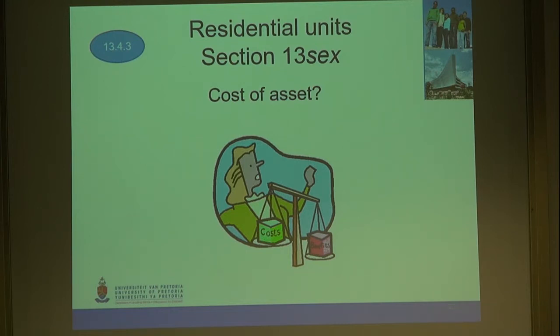However, if I cannot make the split, the Act gives us some guidance, and it says, if you are buying a part of a building, now when you're buying a flat, you're always buying a part of a building. If you are buying a part of the building, you take your cost and you multiply it by 55%.